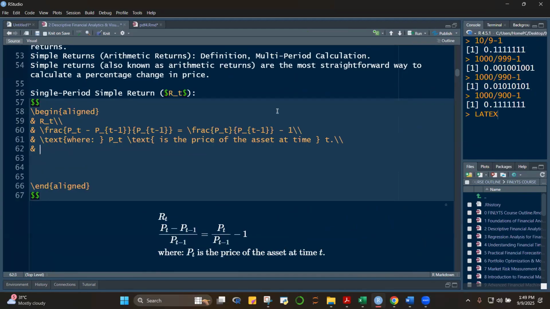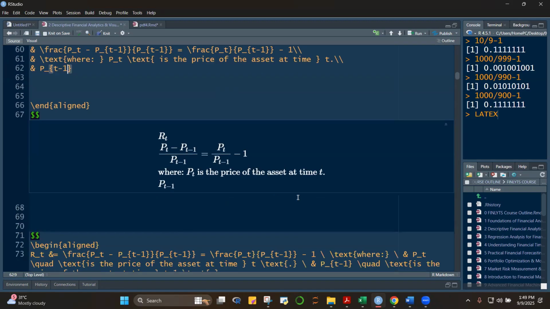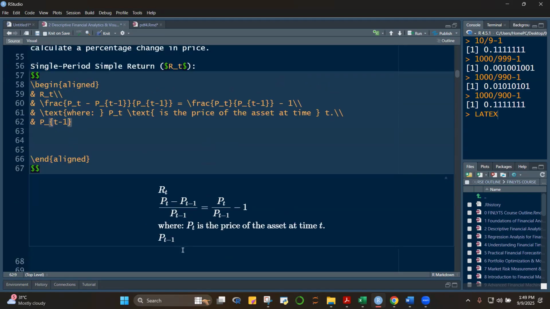P first, P underscore T minus 1. Notice where does P sub T minus 1 align? Here.